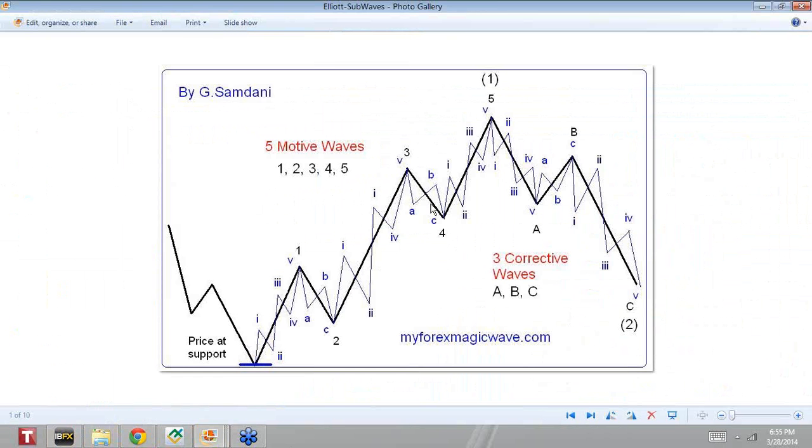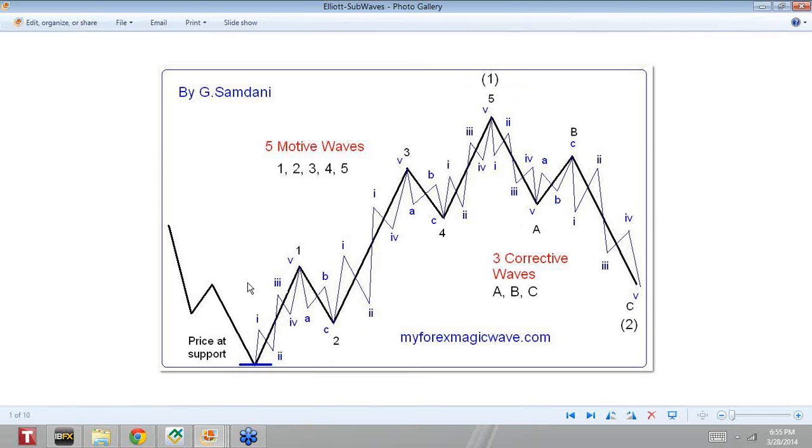Okay, look at this diagram. Now what happened? You see this wave 1? From here to here, this is wave 1. But after 1, 2, 3, 4, 5, this whole thing makes wave 1 again. But in this wave 1, you also have one wave 1, this small one. So let me put it this way. Let's say this wave 1 is a 15-minute chart showing wave 1, 2, 3, 4, 5.